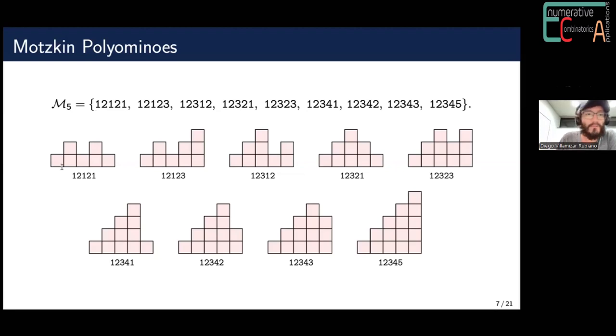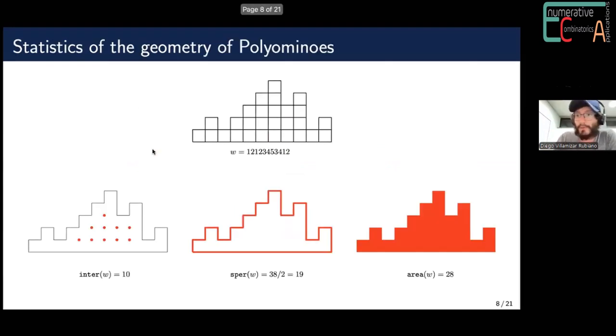So for example, this 1, 2, 1, 2, 1 means you put one cell here, two cells, one cell, two cells, one cell, and then you put them together in a line. That creates a polyomino. And now that you have a two-dimensional picture, you can ask yourself about certain geometric statistics.